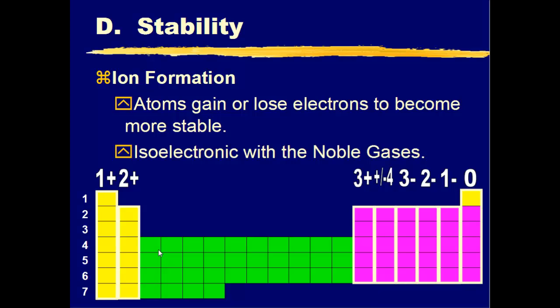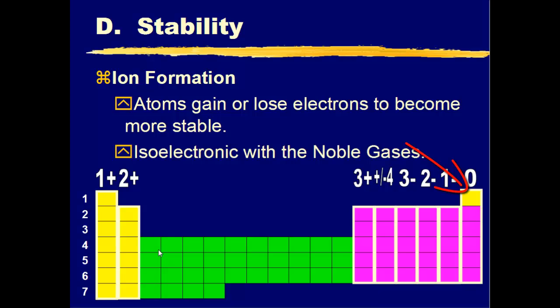Now let's go back over to an element on the left side. Take lithium, for example. Lithium's in Group 1. What does a +1 ion mean? You remember that that means the element has lost one electron. So if you take lithium's configuration and remove one electron, you move backwards one square on the periodic table.